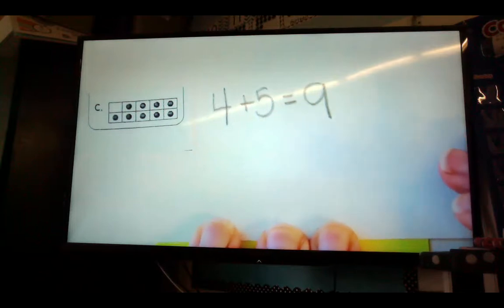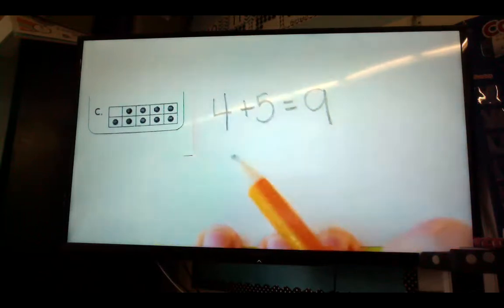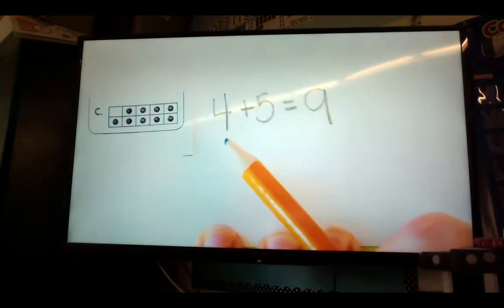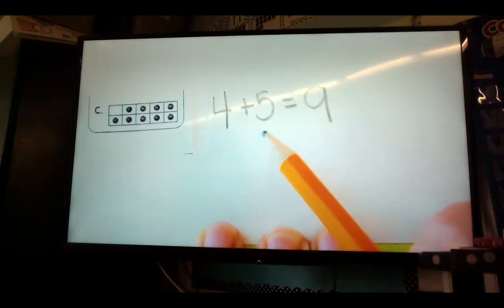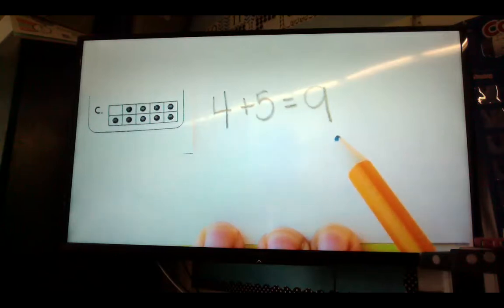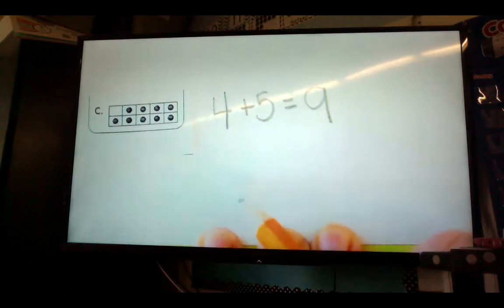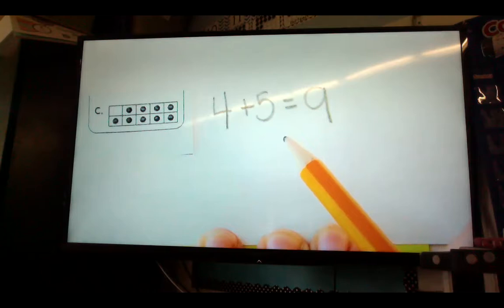Let's read this equation together, please. 4 plus 5 equals 9. Let's read it one more time since Miss Carter made a goof. Ready? 4 plus 5 equals 9. Nice job, friends.